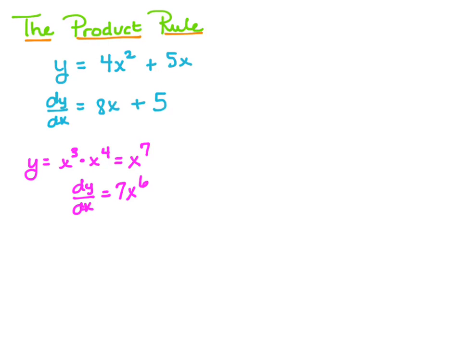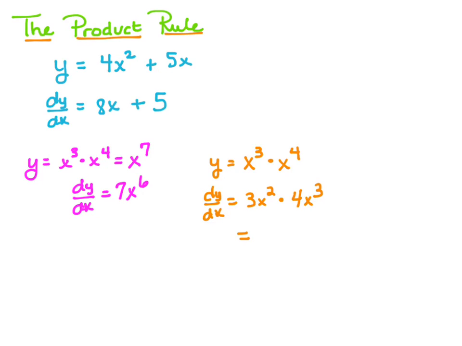But let's rework this problem, taking the derivative of each function first and then multiplying the derivatives together. So x cubed times x to the fourth. If I take the derivative of each one separately, the derivative of x cubed is 3x squared times the derivative of x to the fourth, which would be 4x cubed.